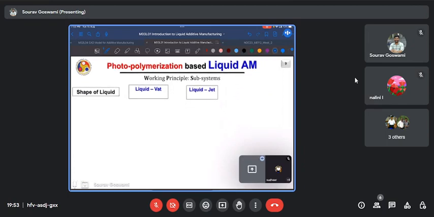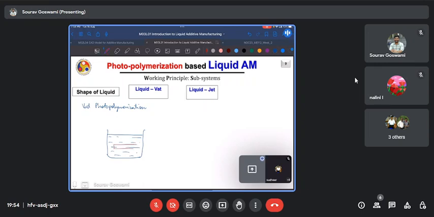Further classification of the subsystems may be based on the shape of the liquid. First is VAT. As the name suggests, in VAT photopolymerization, you have a vat or a container full of the liquid, and your printing takes place inside this vat.